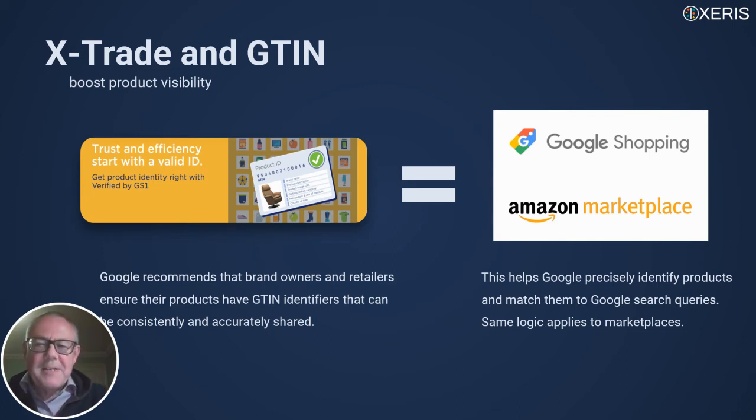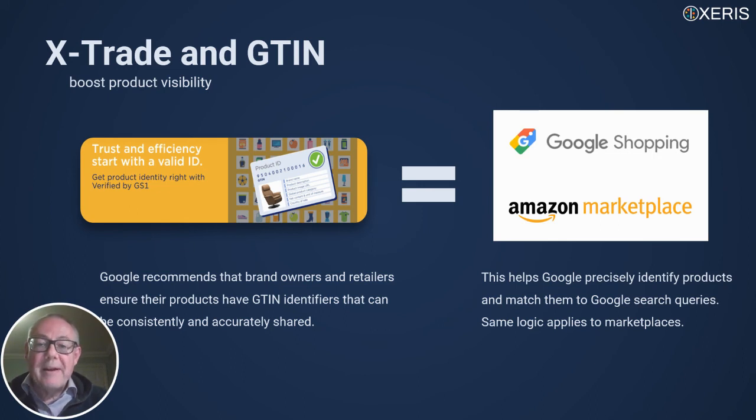The last point I'd like to cover here is how Xtrade works with GTIN. GTIN is a unique product identifier number, and it actually is recommended by Google and Amazon Marketplace to be included with product information. And especially they reference images. 20% of all Google search is actually on images.